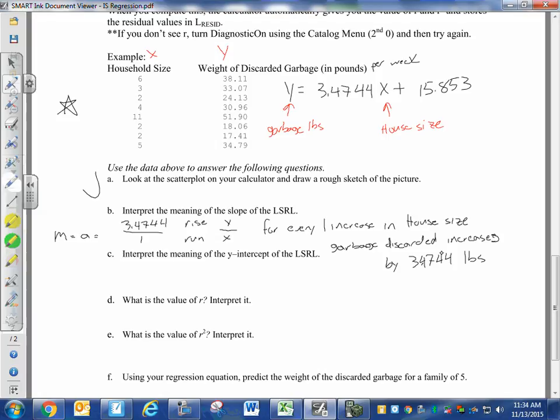Y over x, rise over run, slope, there's the slope. X, in this case, is house size, y is garbage.